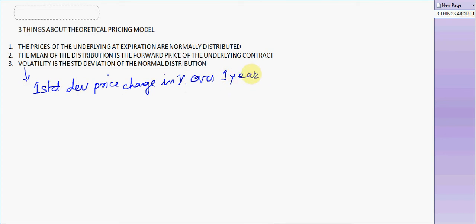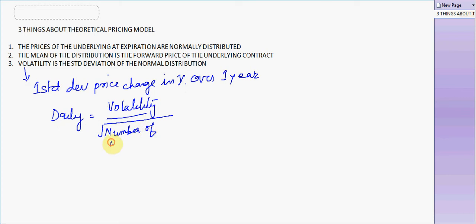So this is for 1 year, and if you want to calculate daily volatility, that would be this volatility figure, which is yearly, divided by the square root of the number of working days.